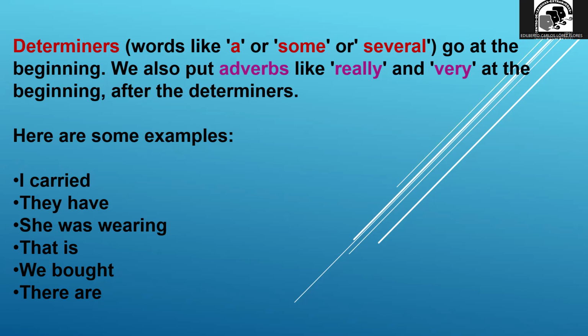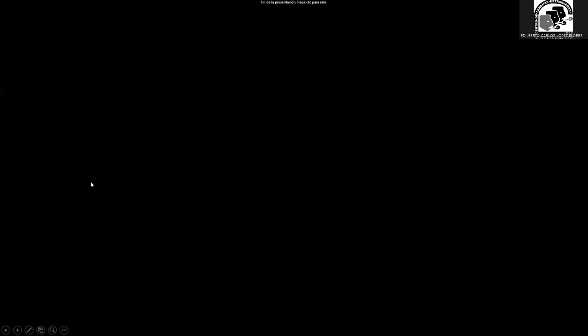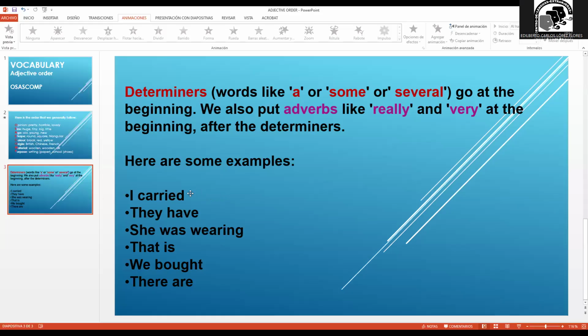So let's continue with the examples. Here, the first one. Let me check so that I can type the first example. I need a determiner first, so I am going to use a. You can use an adverb, really, very. I'm going to use very.